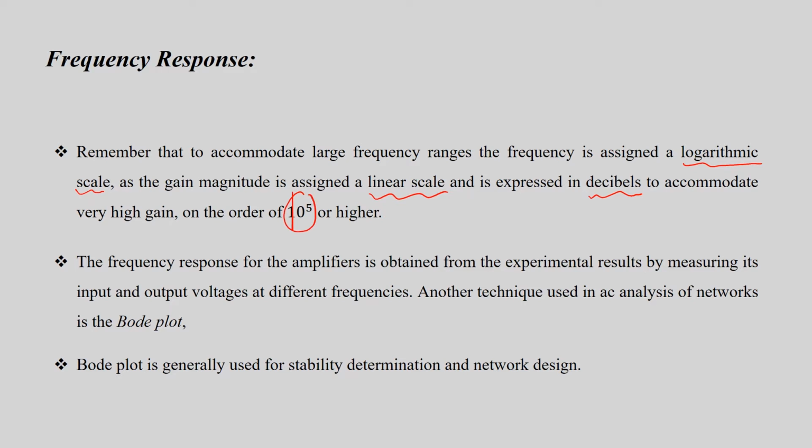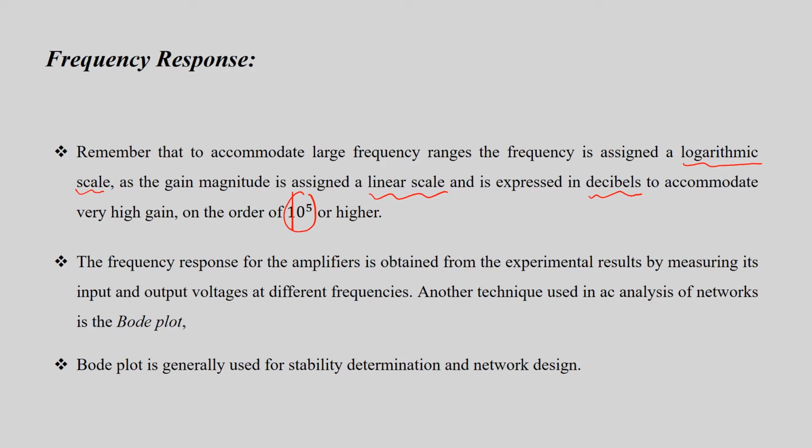The frequency response of an amplifier is obtained from experimental results by measuring its input and output voltages at different frequencies.